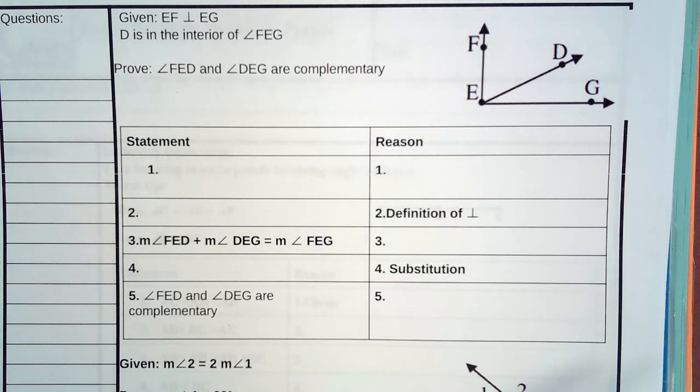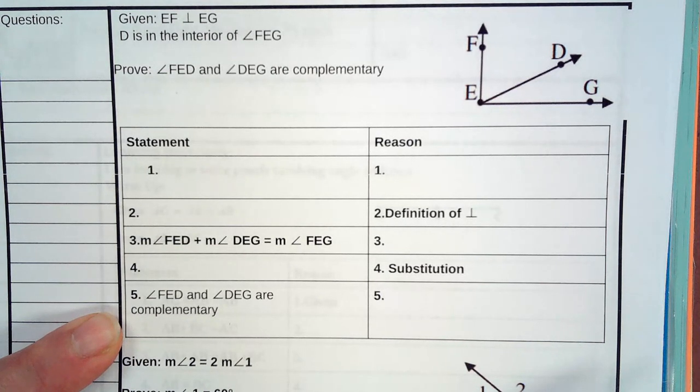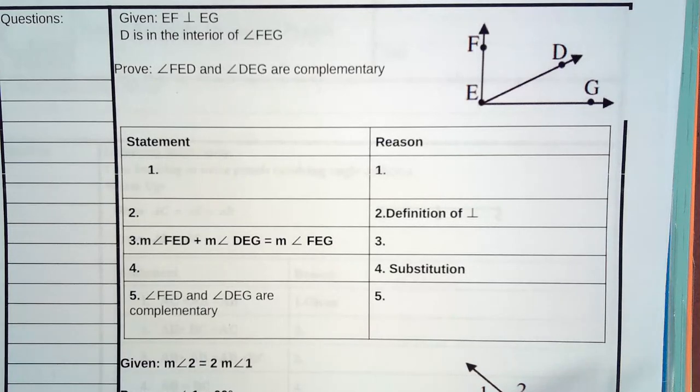So we're given EF is perpendicular to EG. D is in the interior of angle EFG. We want to prove that angle EFD and angle DFG are complementary. So, what do we start with?